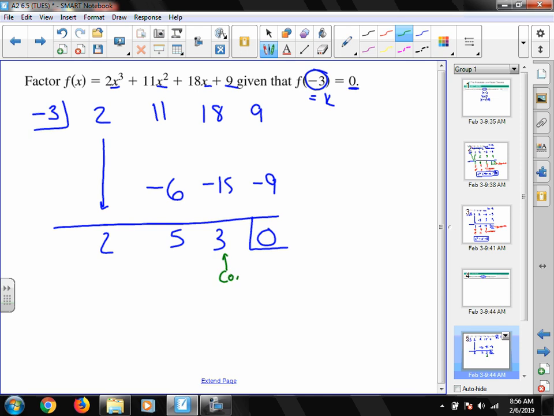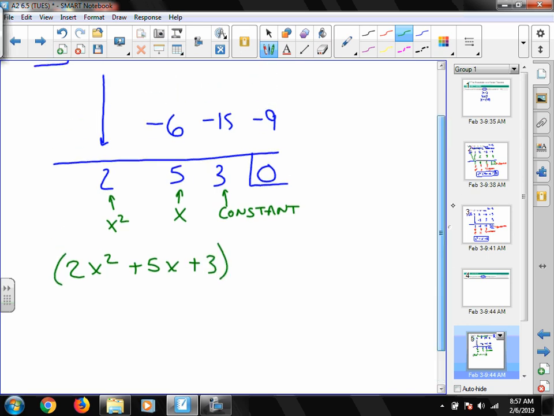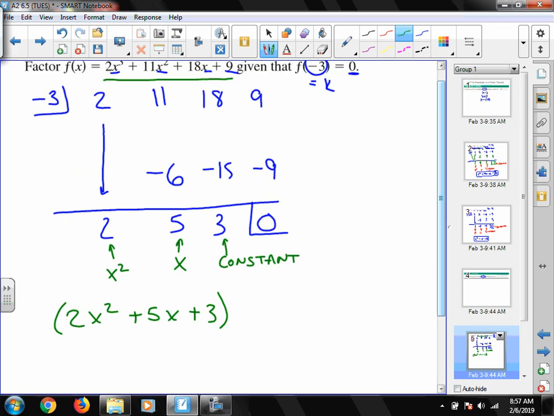This is my constant, 3. 5 is the coefficient in front of x. 2 is the coefficient in front of x squared. So that means if I want to get 2x cubed plus 11x squared plus 18x plus 9, I can take (2x squared plus 5x plus 3) and, remember how I told you that we're going to take the opposite sign of whatever is in the box.